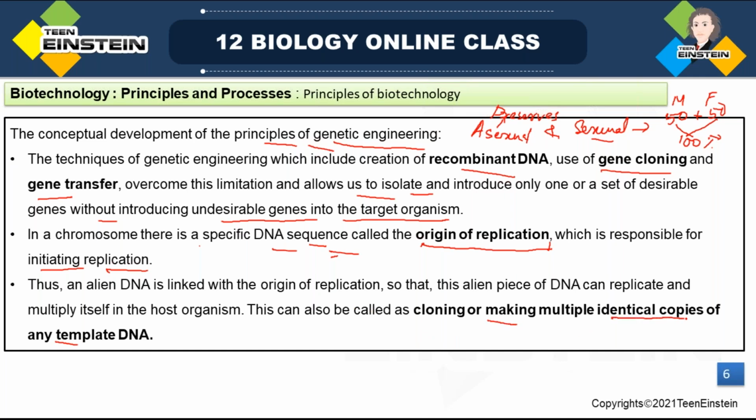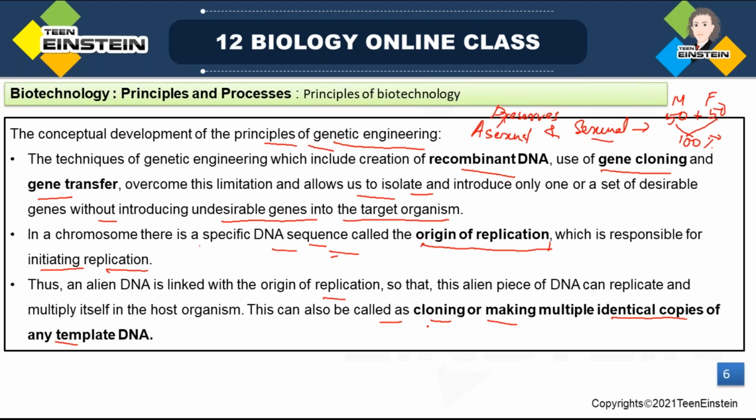So an alien DNA which is linked with the origin of replication can replicate along with the genome or genetic material of that host organism. This alien DNA also can multiply. So this is called cloning.